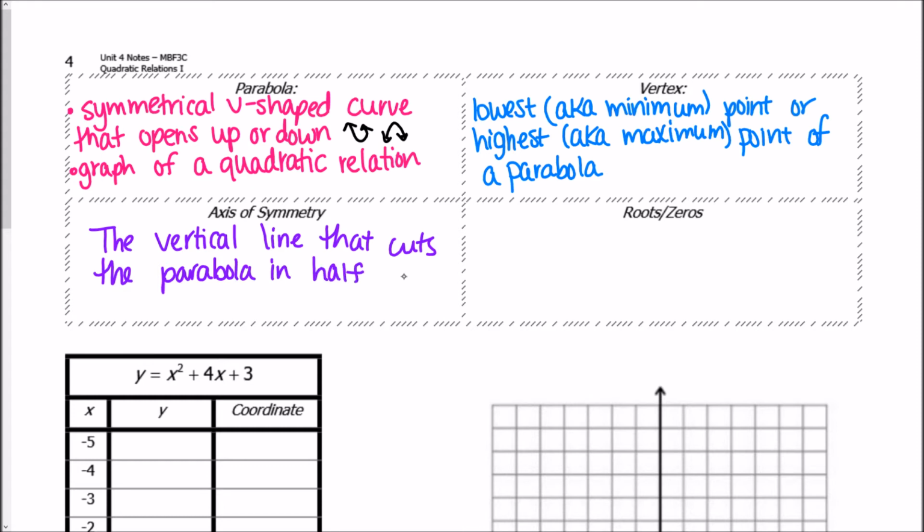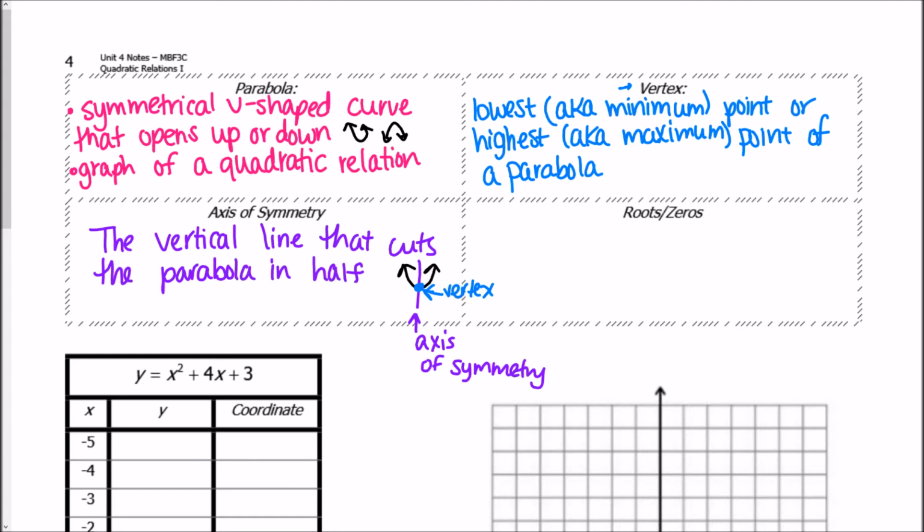If you have a parabola that looks like this, your axis of symmetry is right here. We'll say that this is the axis of symmetry. And this point right here is your vertex, which is your minimum or your maximum point.